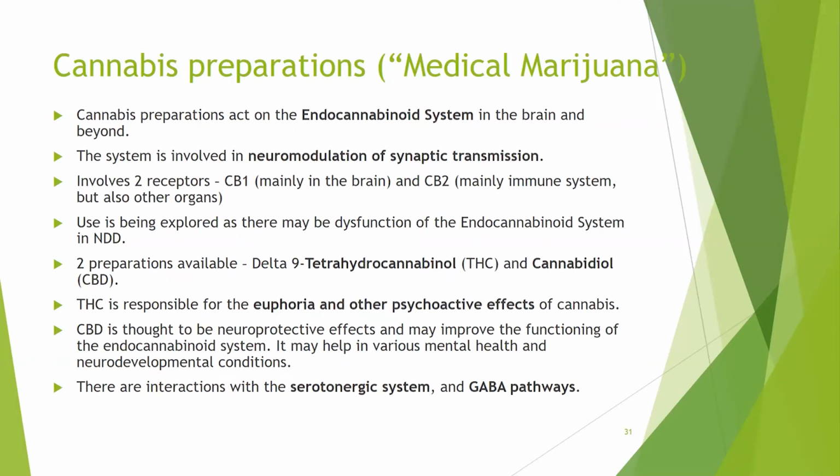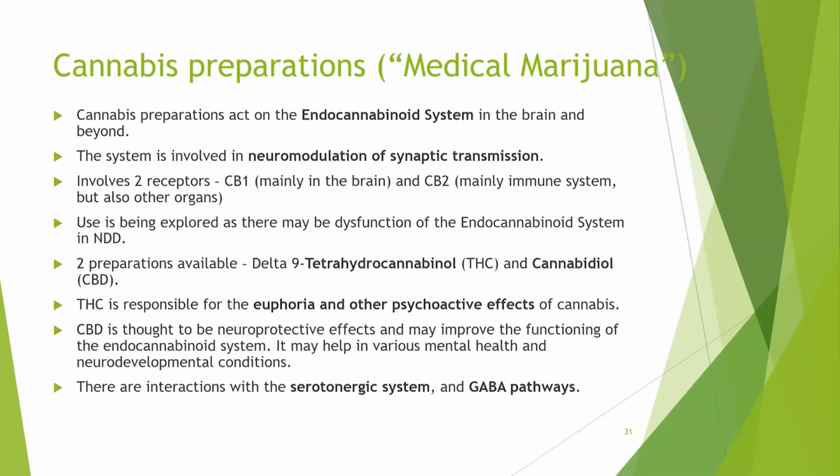At the end, a brief word about cannabis preparations, which have been in the news, and many families are drawn to them. So cannabis preparations act on what is called the endocannabinoid system in the brain and beyond. And there are two receptors, the CB1 receptor, which is mainly in the brain, and the CB2 receptor, which mainly involves the immune system.